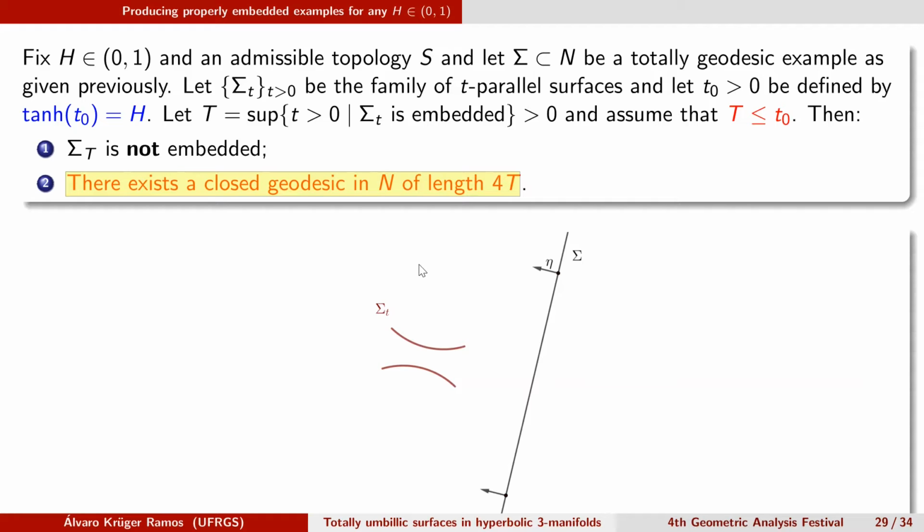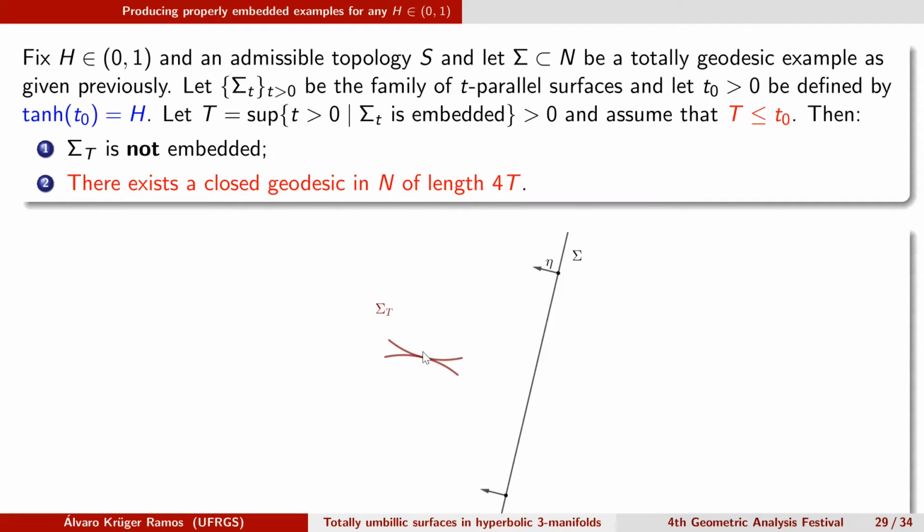It's quite simple. We are here on the thick part because we know that the thin part is always embedded. In the thin part, sigma t is always embedded. So you have your totally geodesic surface here, and you have the normal exponential map, and we know that we have embedded surfaces sigma t converging to something not embedded.